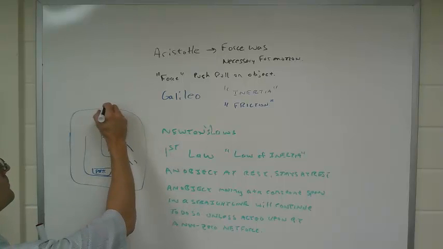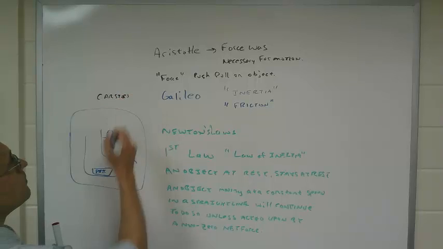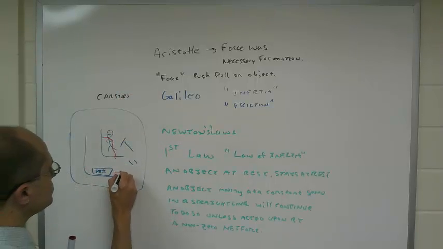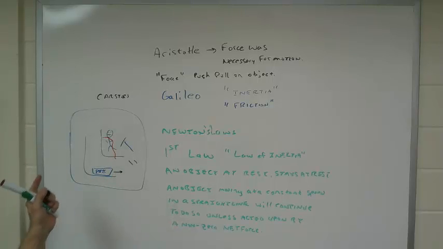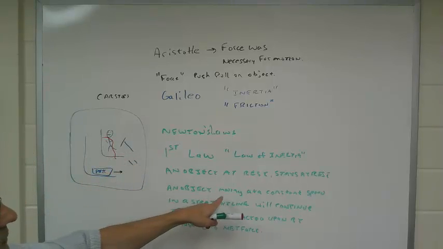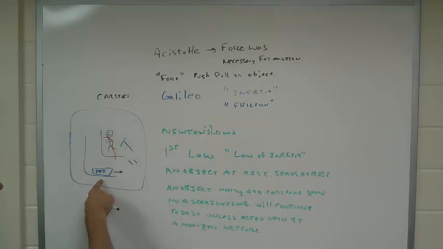So the car comes to a stop, but the book was moving. And so the book continues to move because that's what it was doing, and then it lands on the floor of the car. It continues moving forward because of inertia. It was moving with the speed of the car before you slammed on the brakes.